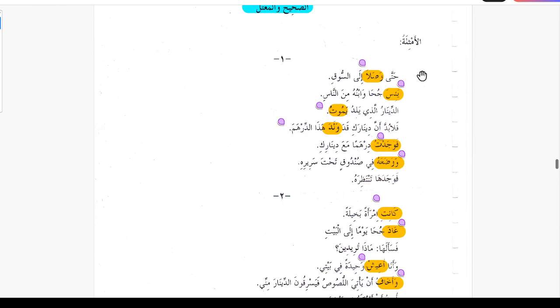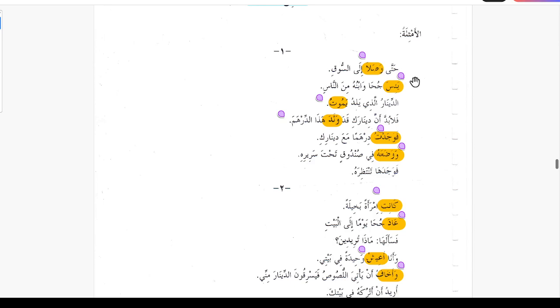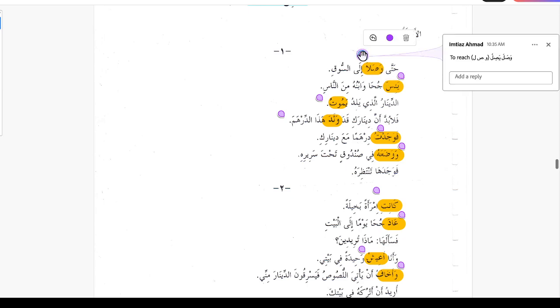Here are some examples. These examples are from the lesson which we will study after. Hatta wasala ila suki, until he reached the market. Wasala is the verb here. Wasala yasilu, huwa wasala, huma wasala. So it's something about two people until they both reach the market.